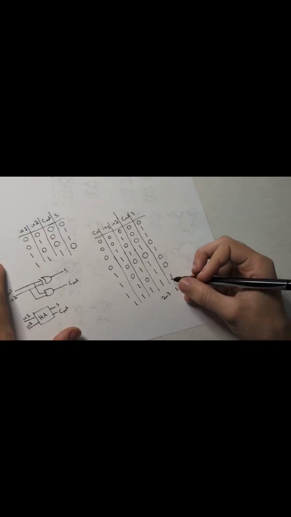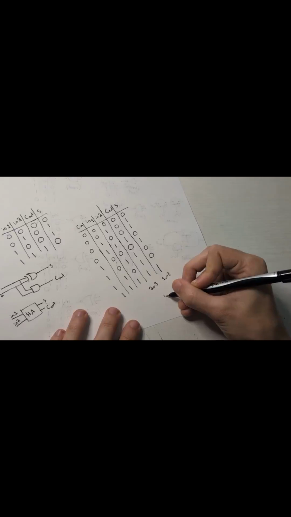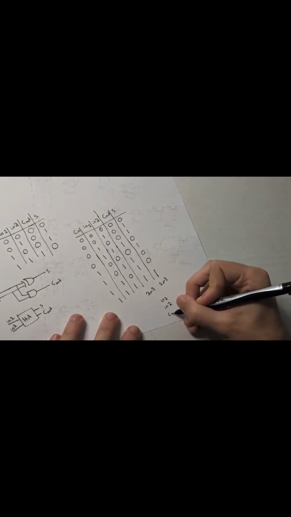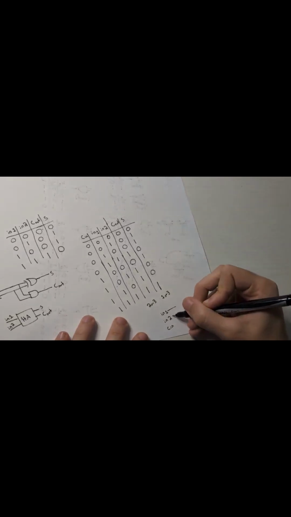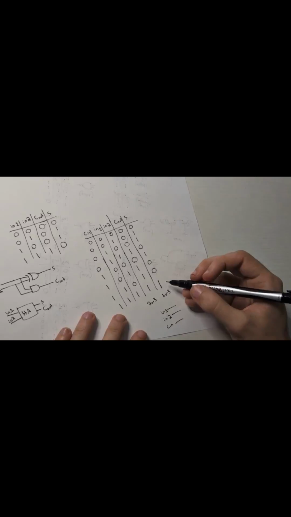So we need to develop a circuit that has our 3 inputs: input 1, input 2, and then carry in, and correctly outputs the sum and carry out under the right conditions.